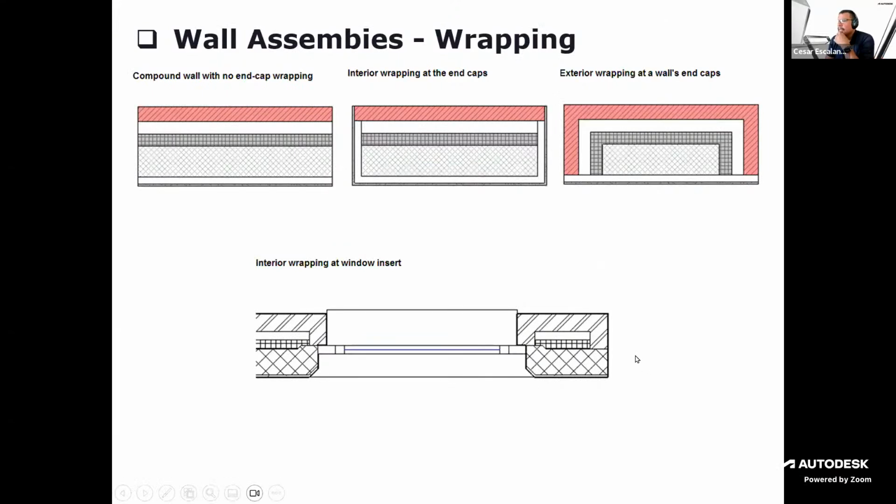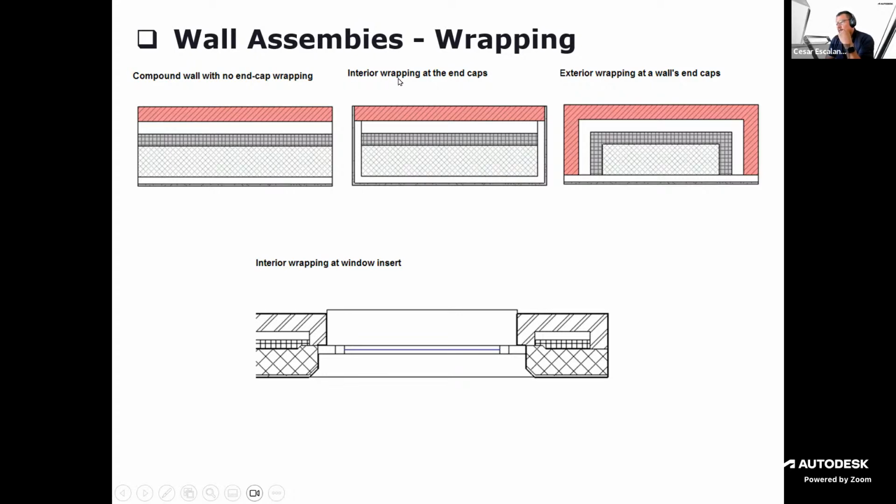Okay, so if you enable that checkbox that says wrap, then those 2 properties at the bottom are applied to that layer. When there's no wrapping, this is what happens. None of the layers wraps in the wall.